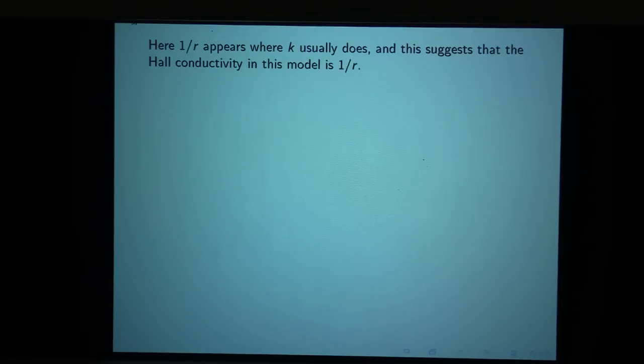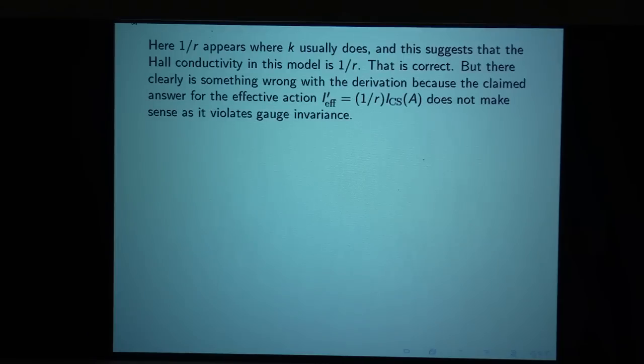So this would describe a fractional quantum Hall system. And that's the right answer for the Hall conductivity. But there's clearly something wrong with the derivation, because the claimed answer doesn't make sense. The claimed answer for the effective action is a Chern-Simons function with the wrong coefficient, so it's not gauge invariant. So a correct derivation is not going to give a non-gauge invariant effective action for the electromagnetic potential big A.